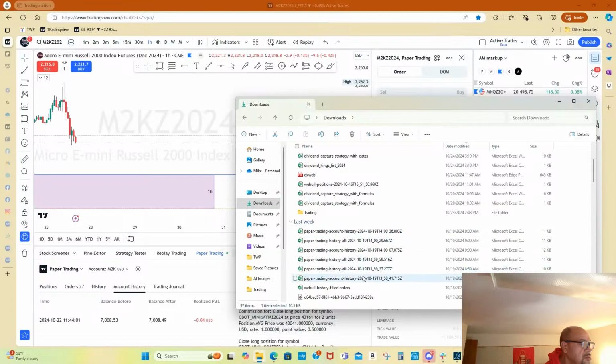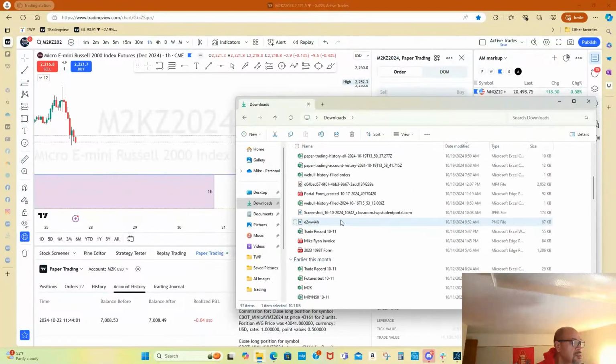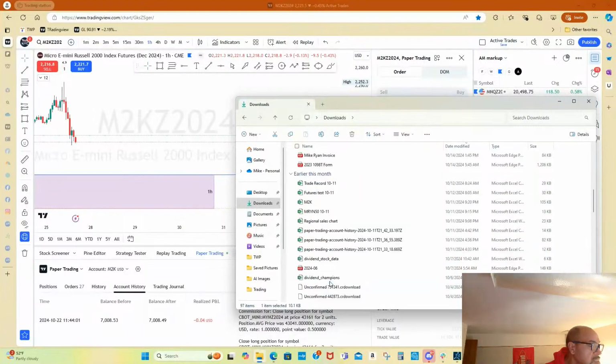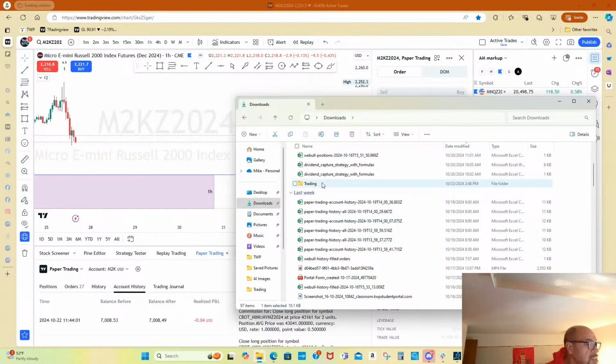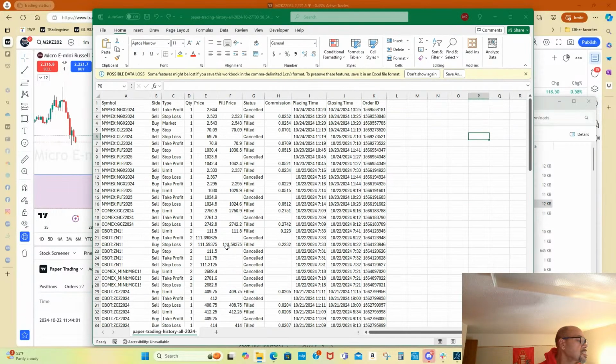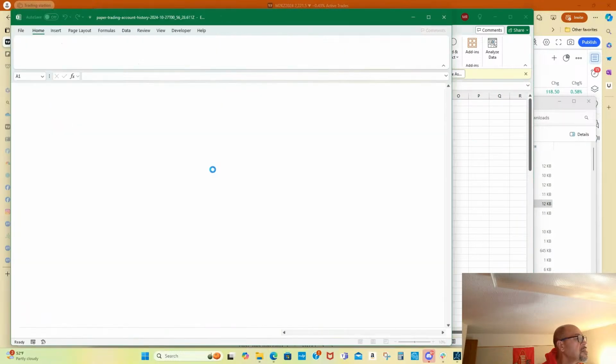Trading account history and history all. Where's the ones before that? On the 11th, it was paper trading account history. Yeah, that's all I did. Paper trading. So account history, all, is the one that's going to be a little more confusing, and then I'm going to check it out.